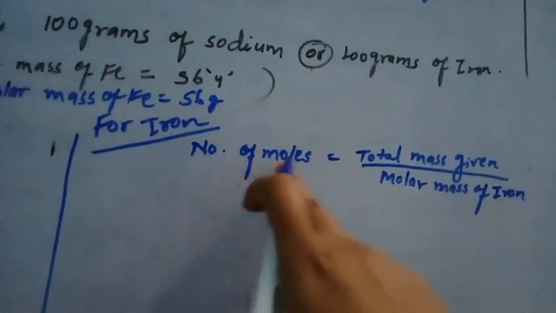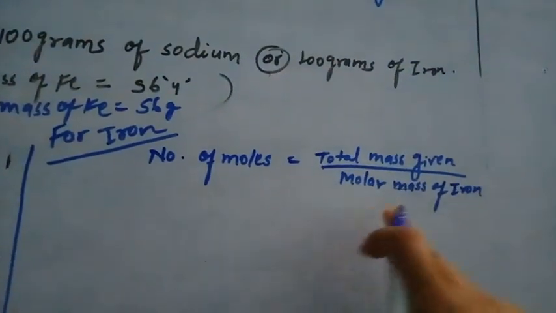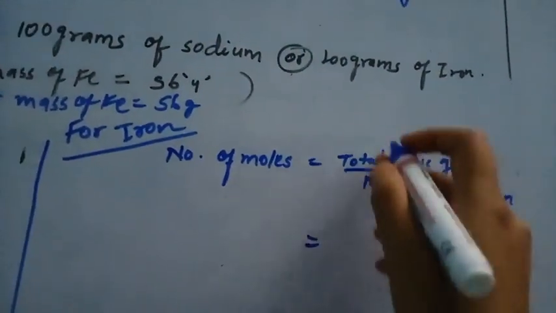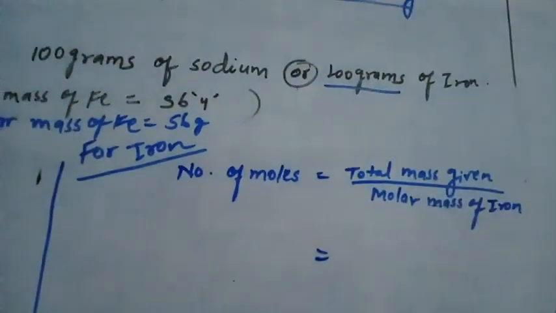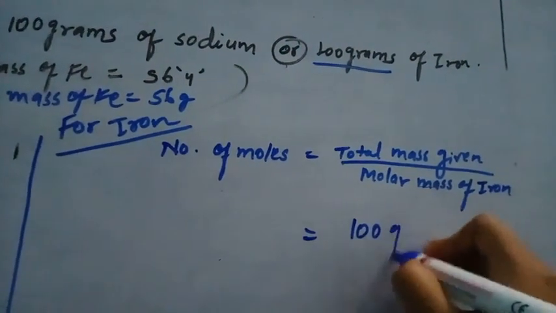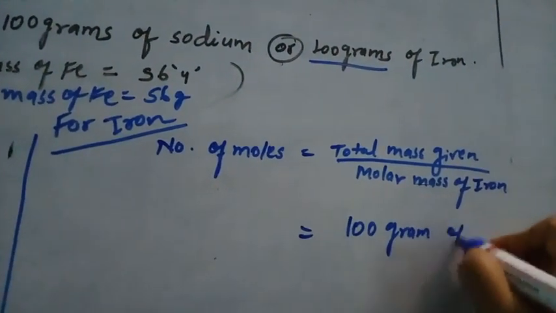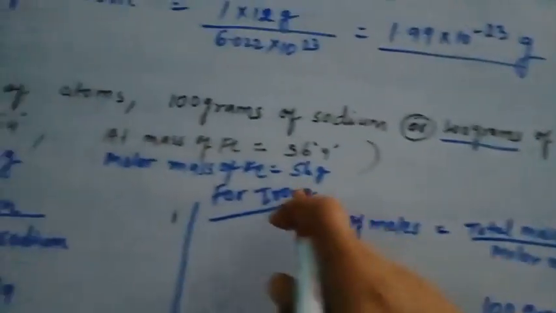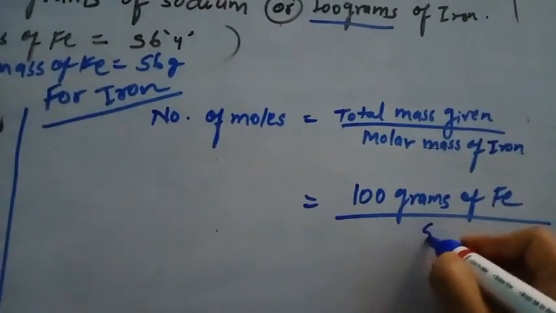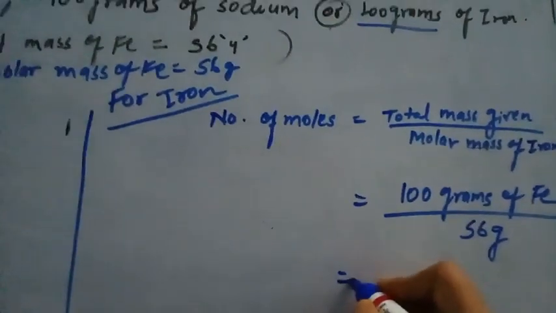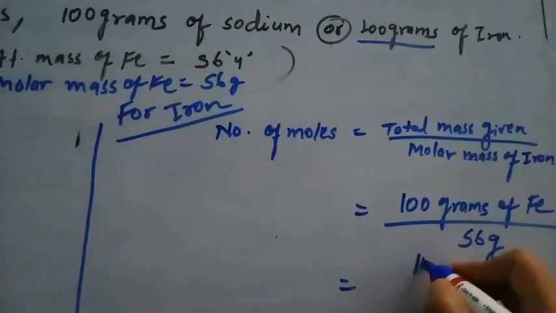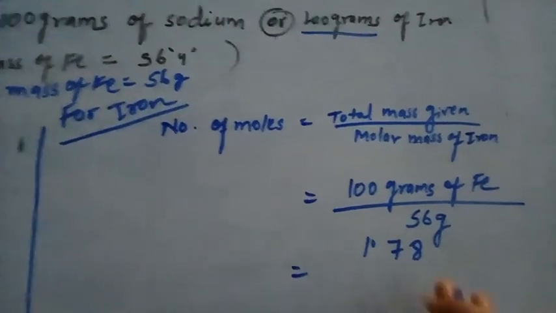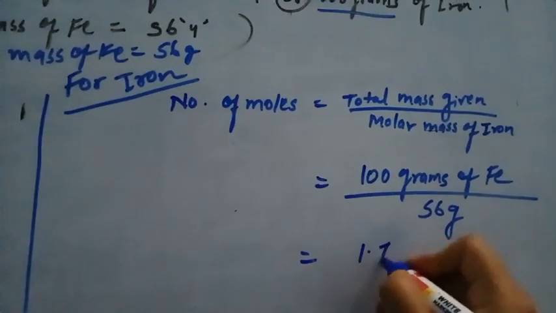Here also we will use the same formula, number of moles equals total mass given by molar mass of iron, and from there we will get the number of moles of iron. Total mass given is 100 gram of iron only. So here we will write 100 grams of iron divided by the molar mass of iron, 56 gram, which we calculated just now, and we will get 1.78.